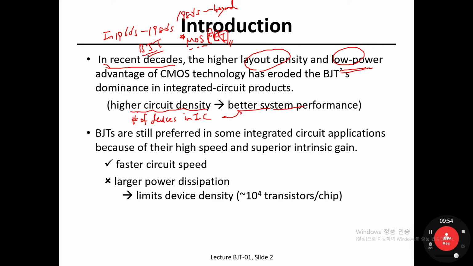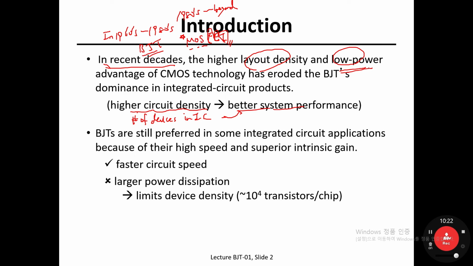Okay, so CMOS technology can give us key benefits. Number one, higher layout density. Number two, low power consumption. However, in terms of device performance, more specifically in terms of how much current can flow for a given voltage, BJT is way better than the CMOS device or MOSFET.